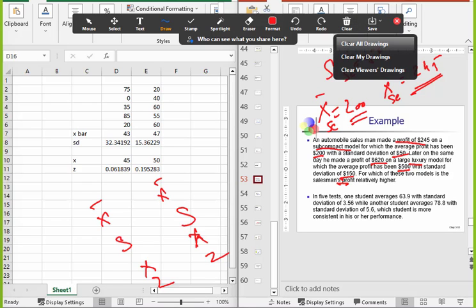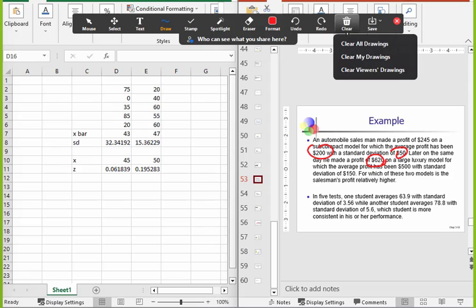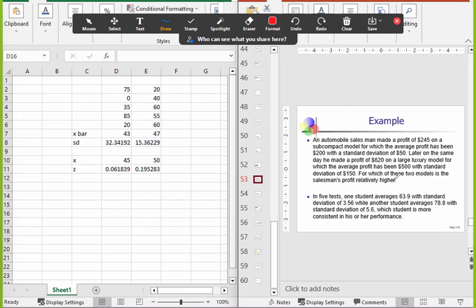And why do we need to calculate the Z value? The purpose behind the Z value is that both cars have different bases. Their mean value is different and their standard deviation is different. If their mean and standard deviation were the same, we wouldn't require Z value. We could just say which one is bigger, we will have more profit. But if the mean and the standard deviation are different, then they are two different data sets with different characteristics.